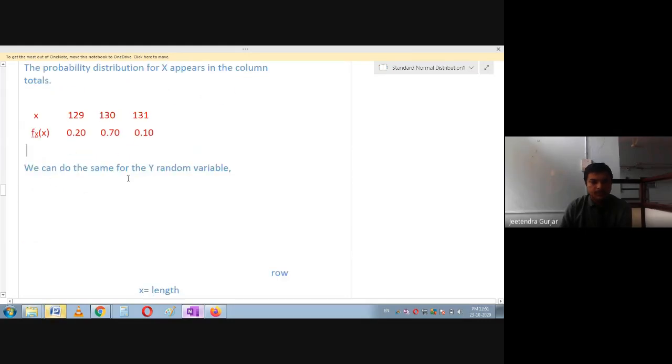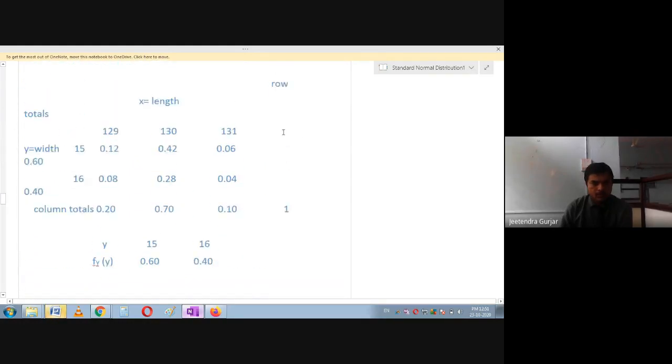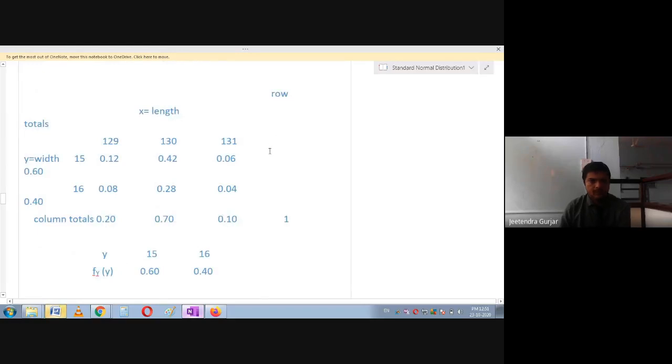You can do the same for the Y random variable. Here you are going to add the row totals, and you are going to get this. If you add this also, the total probability will remain 1.